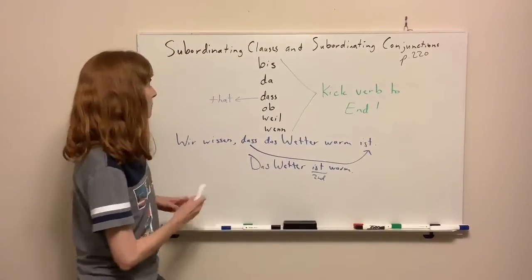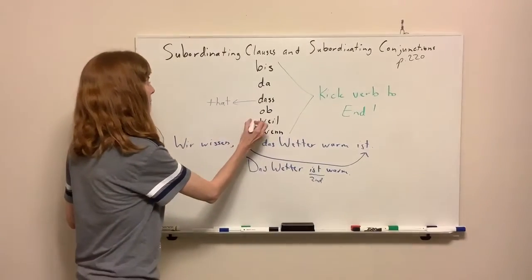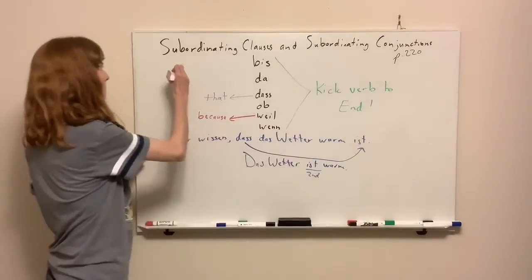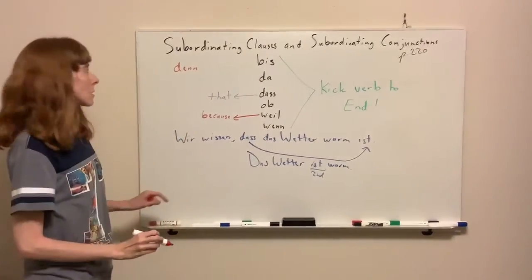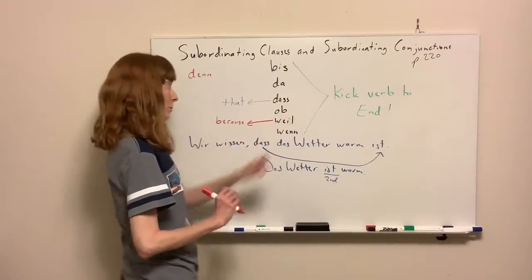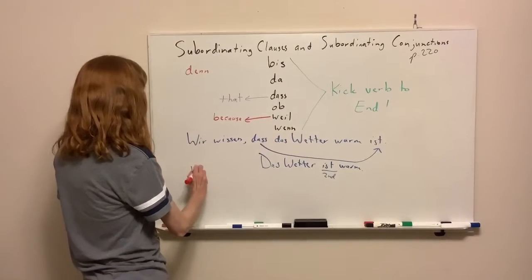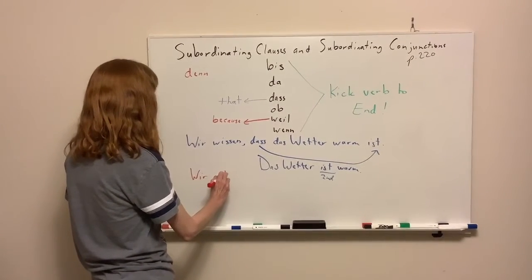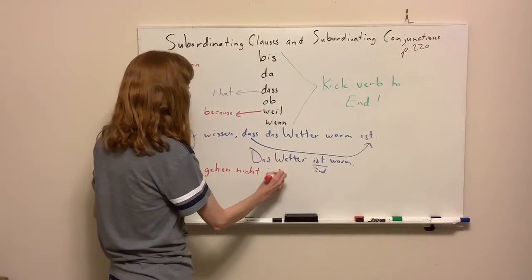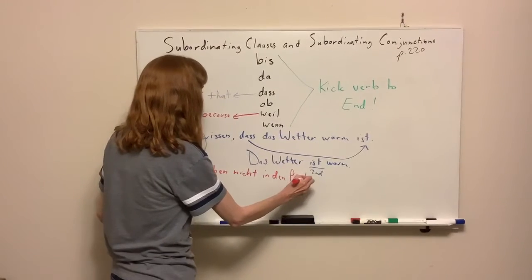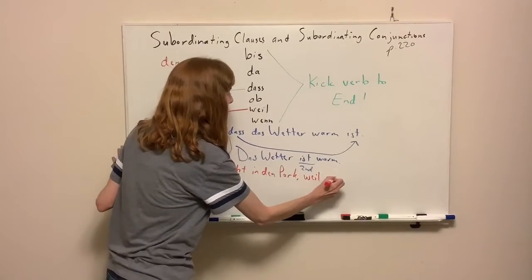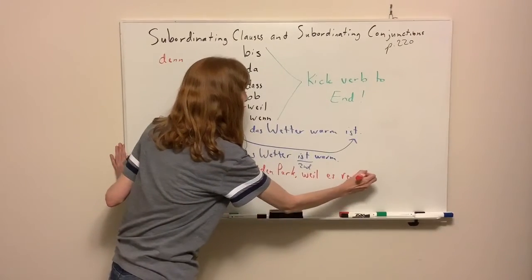Okay, another example, I could use weil. That one means because, and you may be wondering, well, what about denn? I thought that meant because. It does. German just has two words for it. And this one kicks the verb to the end. Wir gehen nicht in den Park, weil es regnet.